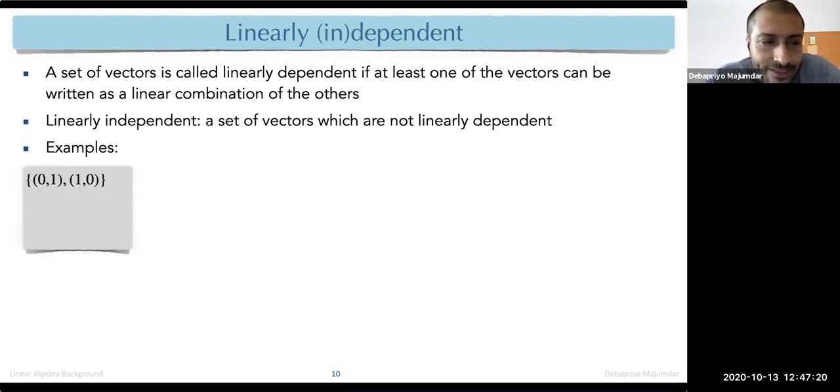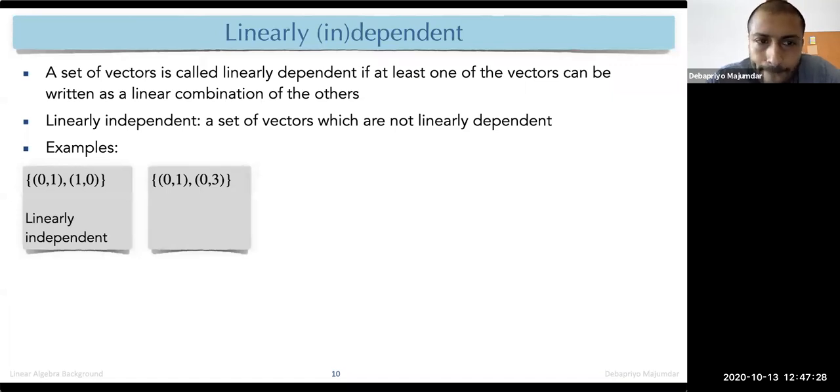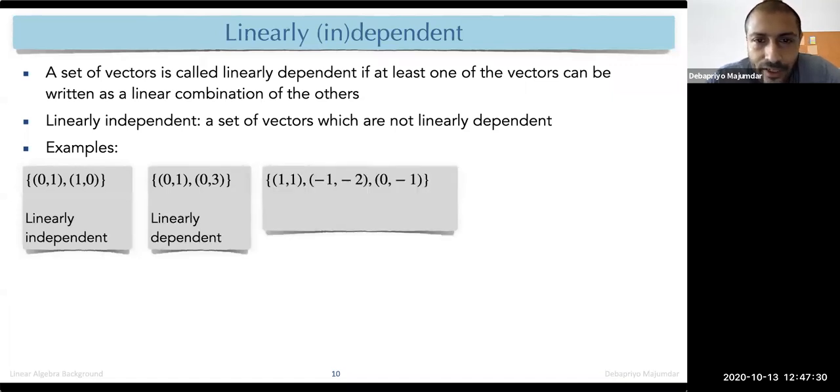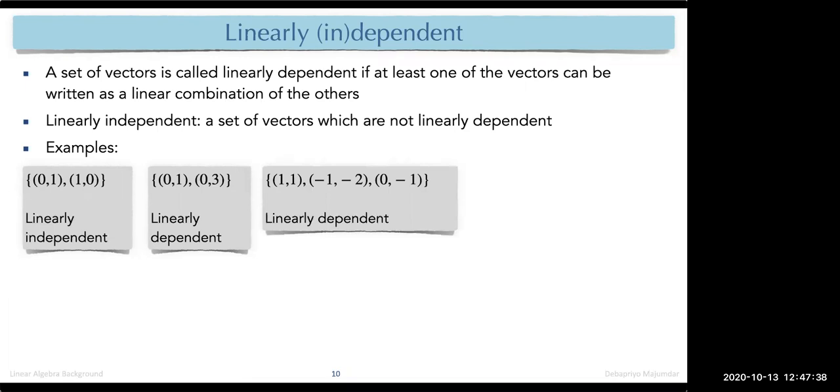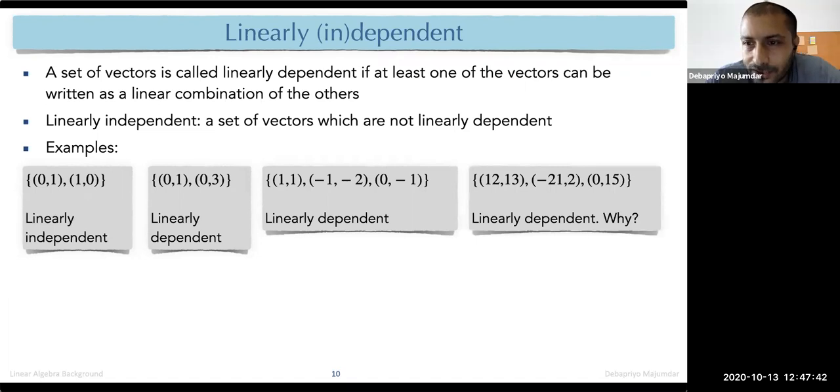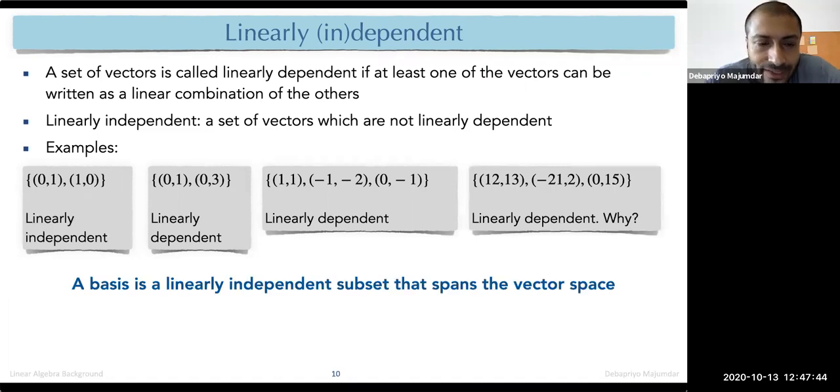Okay, so the examples, these two, (0, 1) and (1, 0), they are linearly independent. What about (0, 1) and (0, 3)? Not linearly independent. Okay, what about these three? By now you know that any three vectors in R2 will not be linearly independent. They are dependent, and similarly, this also. So a basis is a linearly independent subset that spans the vector space.